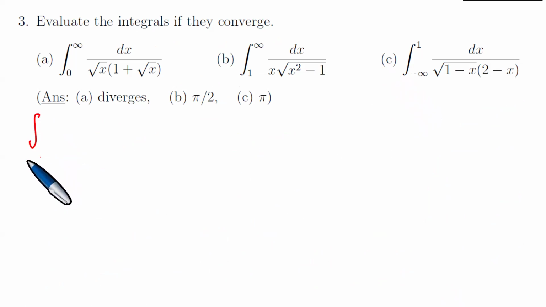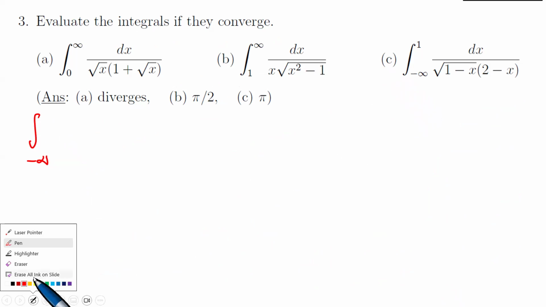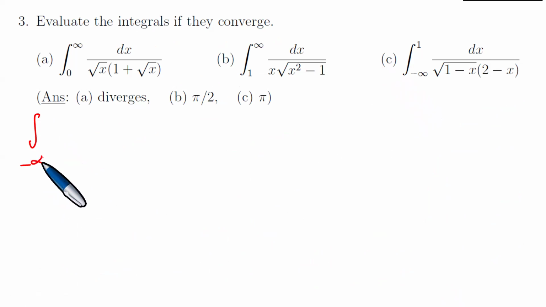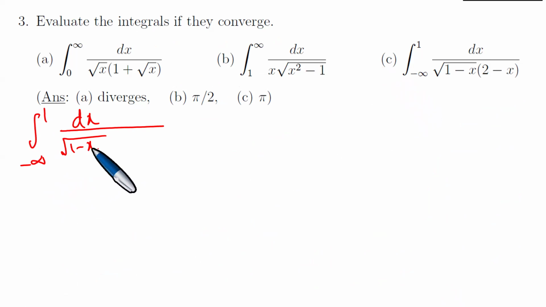To integrate this one here, which is 2 minus x, there are two problems. One is at 1. Because if you put the number 1 here, it's going to be 1 minus 1. The denominator becomes 0. So there's a problem at 1. But there's a problem at infinity also.